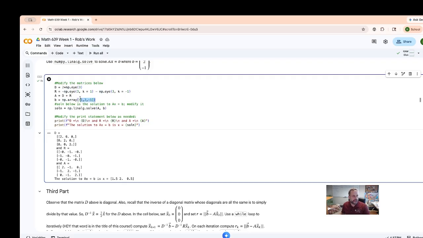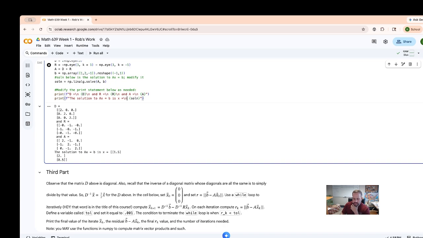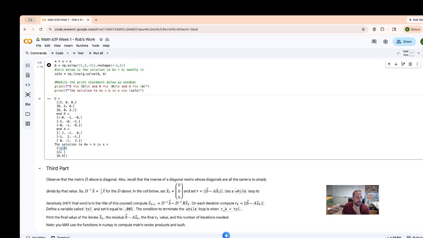Right here, this is a NumPy array, so we can do dot reshape here, and we want there to be one column, so we're going to do -1 here. Okay, and now let me make this into a new line as well. And again, we're going to get 1.5 and 0.5, but written in the column way.